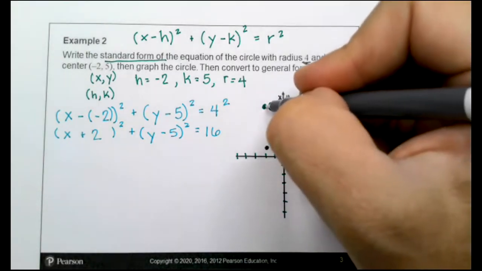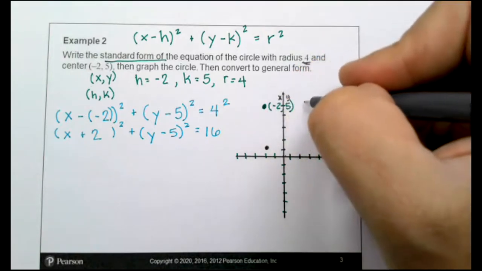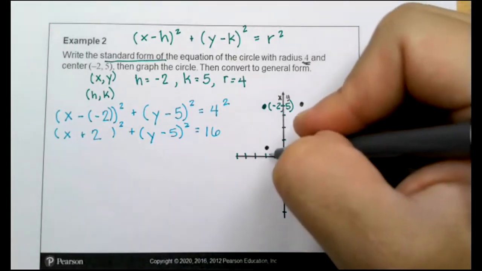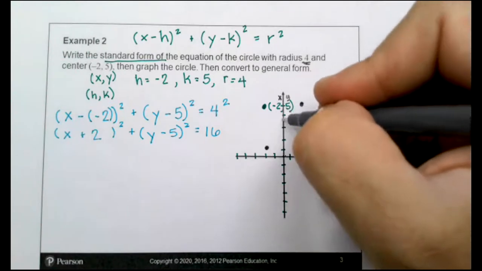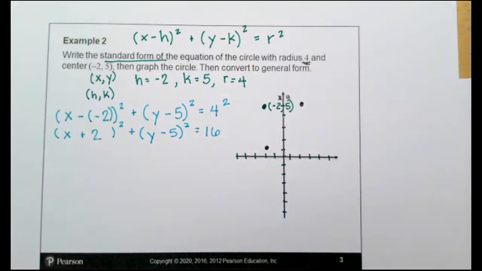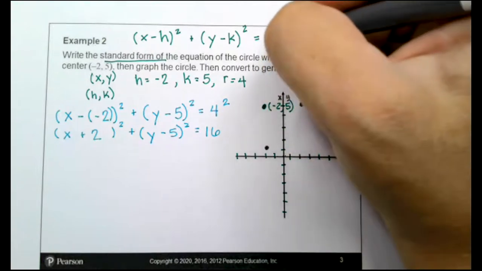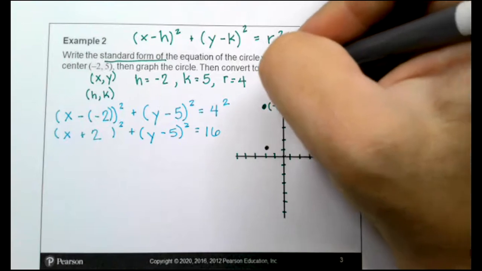If I'm at -2 and I want to go +4, I get to +2, 1. Look at how spaced out that one was, and that one wasn't. Terrible circle. If I'm at 5 and I want to go +4, I go all the way up to 9, right? 6, 7, 8, 9.